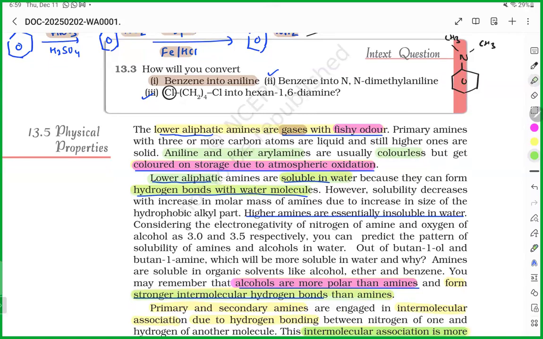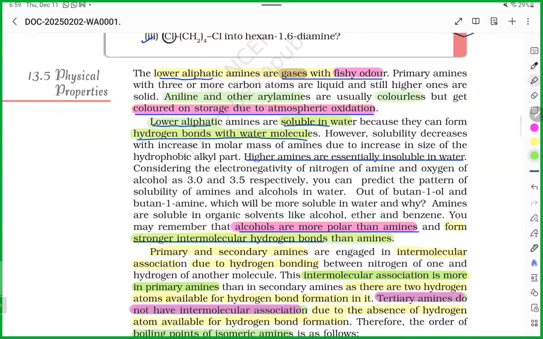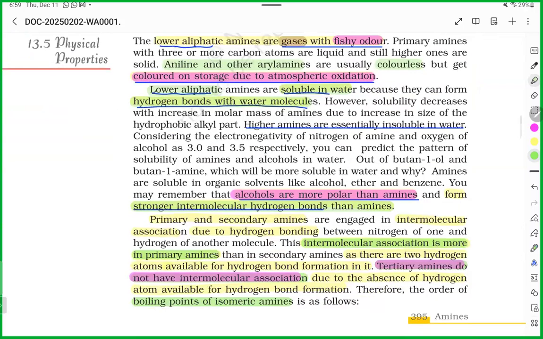Jordan, why do alcohols have stronger hydrogen bonds compared to amines? Because there's intermolecular hydrogen bonding. Yeah, but why not in amine? It should be there, but it's weaker compared to alcohol, no? Why? I don't remember why. So Chandana? I'm not sure, sir.